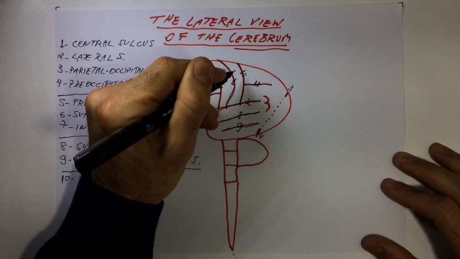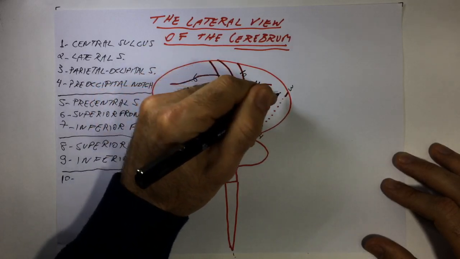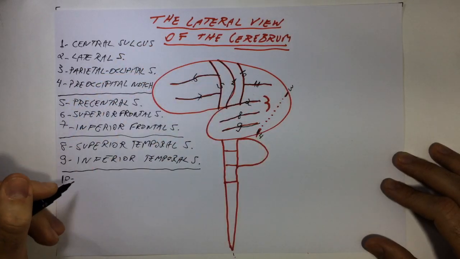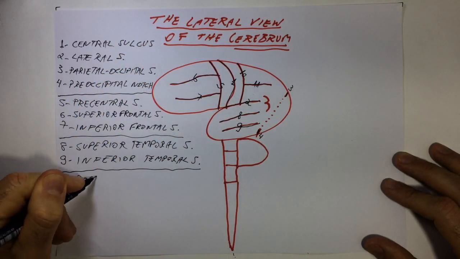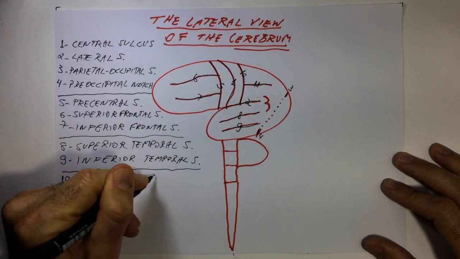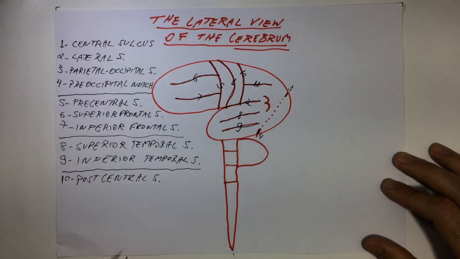After the central sulcus, so in the posterior part of the cerebrum, so post, that would be the postcentral sulcus.